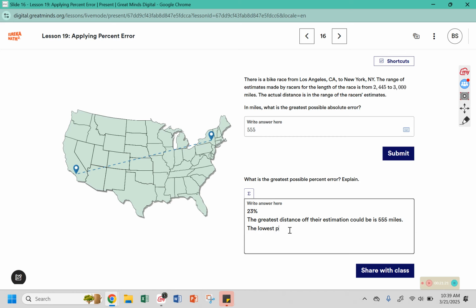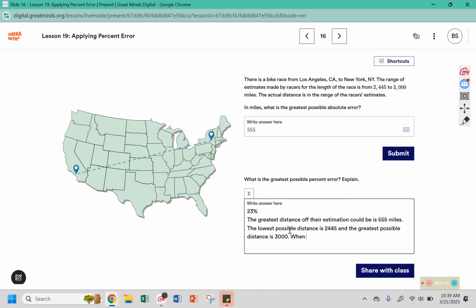The lowest possible distance is 2,445, and the highest or the greatest possible distance is 3,000.